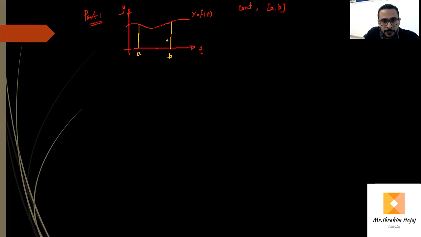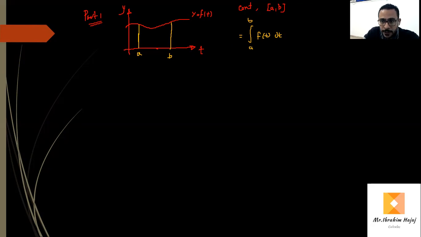As we learned before in the previous sessions, the area under the curve f of t is the definite integral from a to b of the function f of t dt. So the definite integral from a to b of f of t dt is equal to the area under this curve y equals f of t.